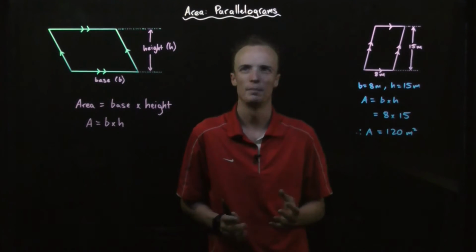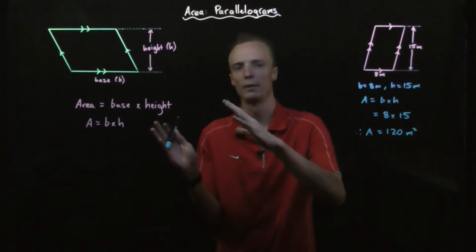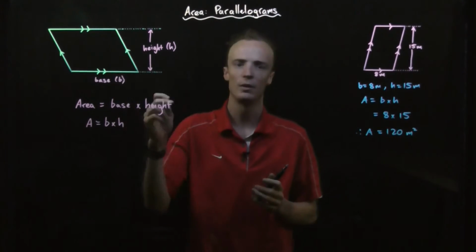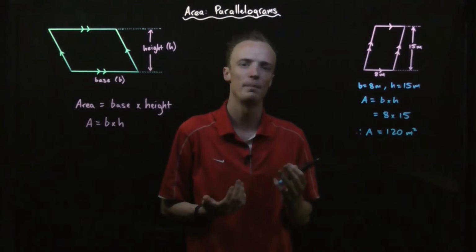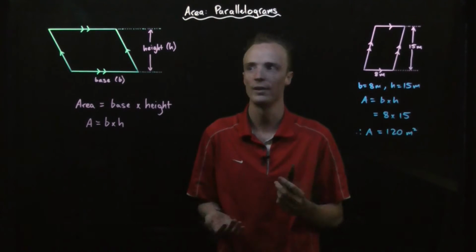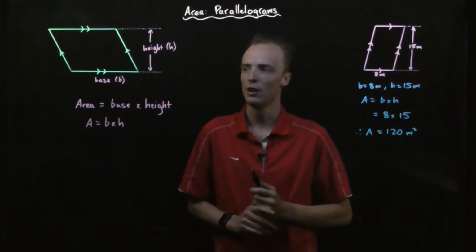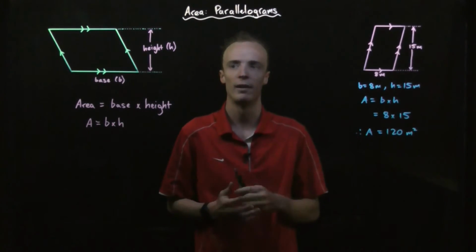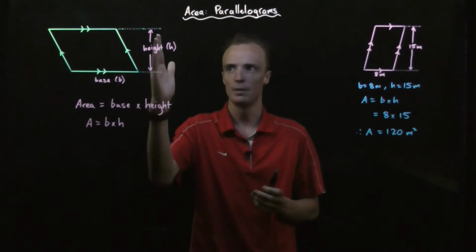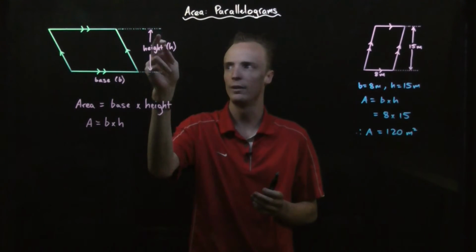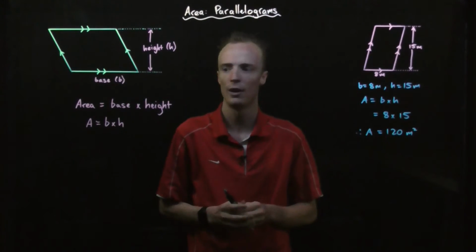So to summarize, a parallelogram is like a pushed over rectangle. The opposite sides are going to be equal to each other and they're going to be parallel with each other, where it gets its name from. What we need to know is the base of the parallelogram and relative to the base at right angles, the height or the distance between the two parallel sides.